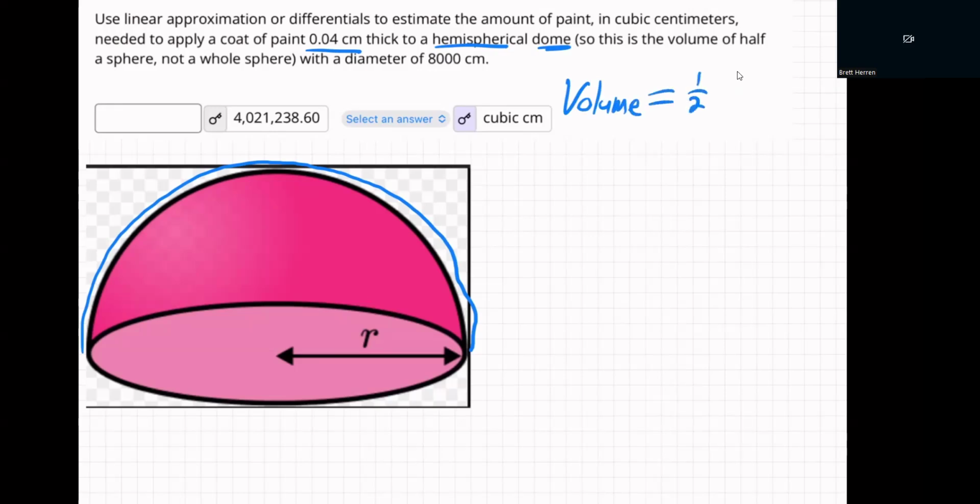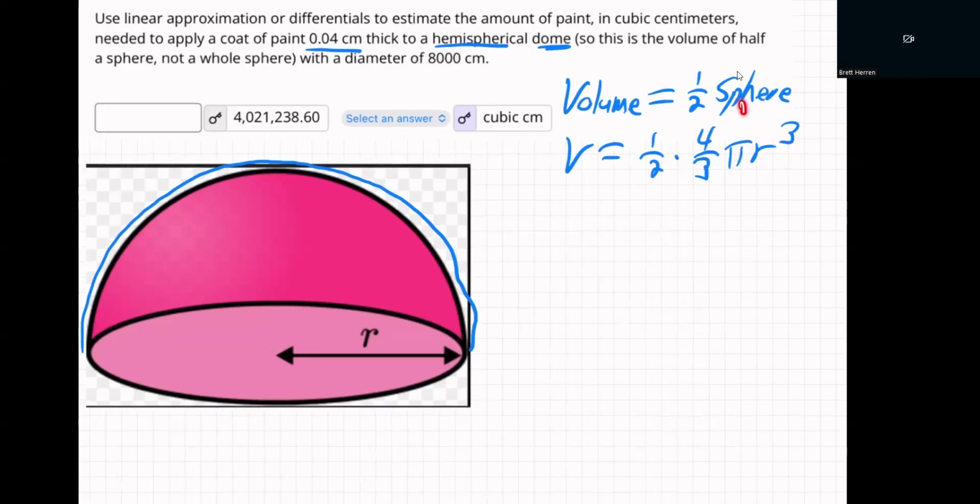The volume formula is half times, what's the volume of a sphere formula? 4/3 pi r cubed. It's r to the third power because it's three-dimensional. So there's the formula for a whole sphere, and we put the half in the front. We have half a sphere, a hemisphere. Hemi means half, right?